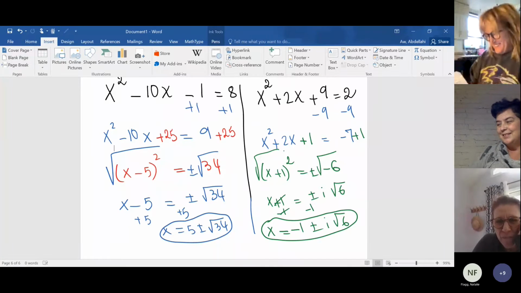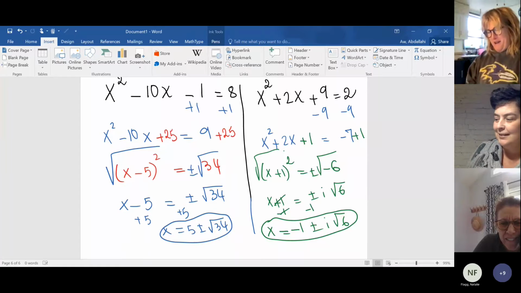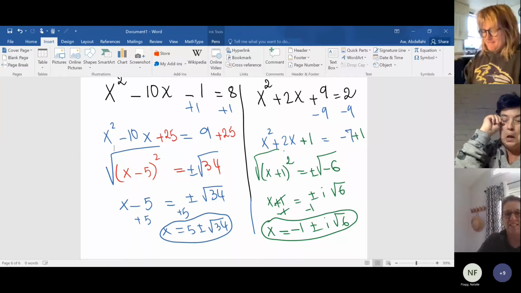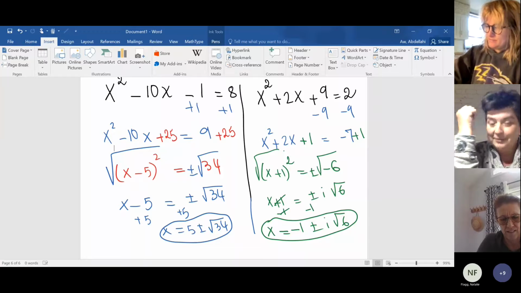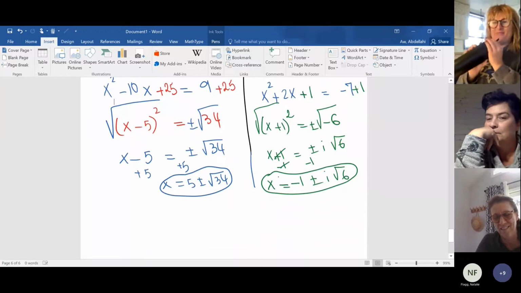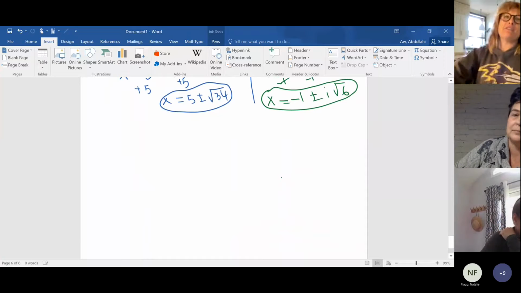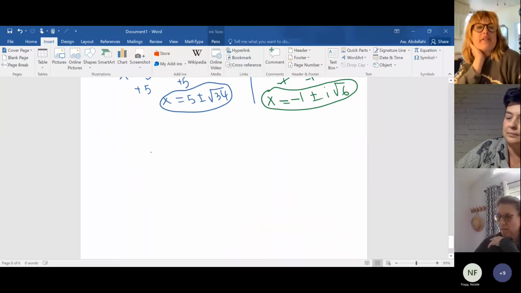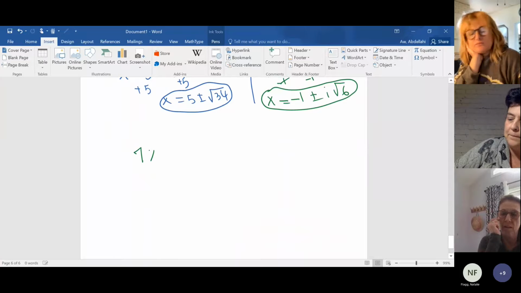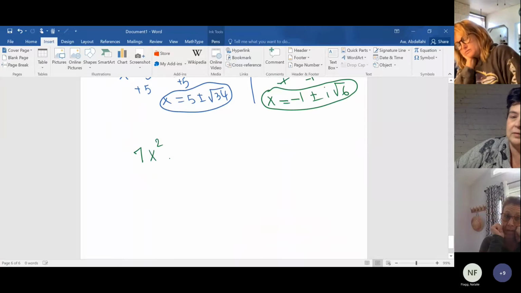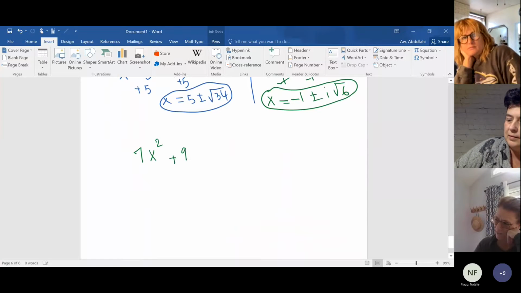So for this topic, now, why this method is not always friendly? We're going to close by that today. I'll give you an example: 7x squared plus 8x minus 1 equals 0.